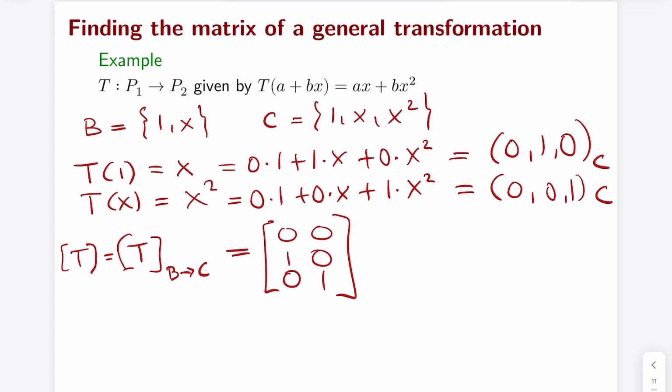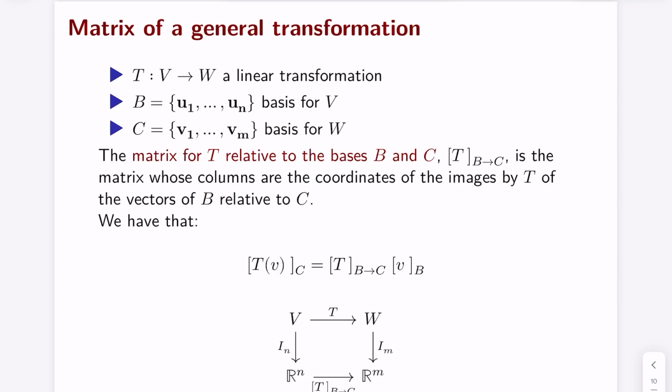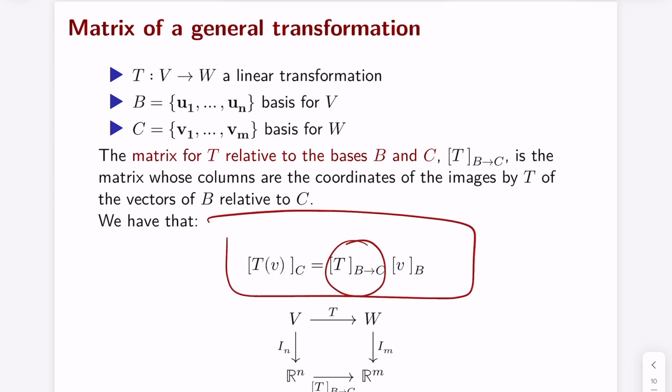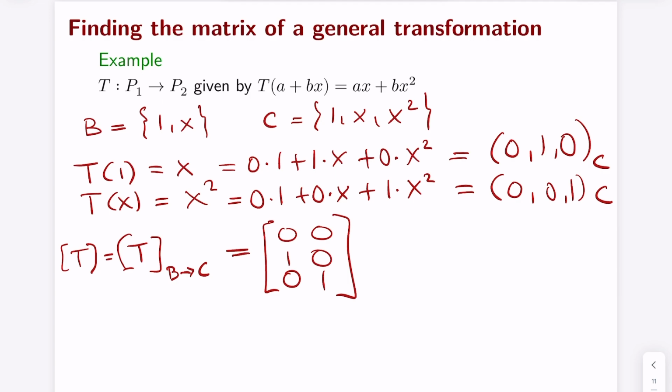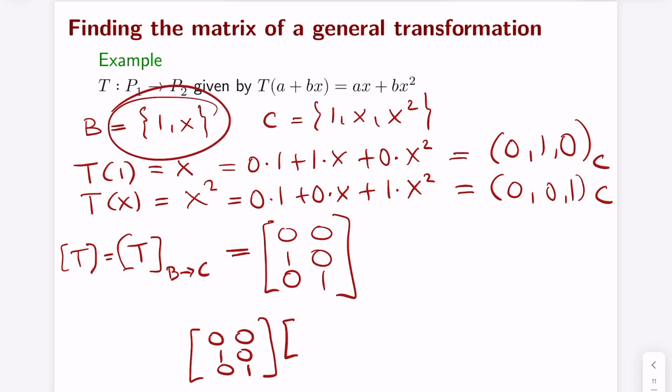And now, following our formula, by multiplying this matrix by the vector, we are going to get here the transformed one. So we know that if we multiply this matrix, 0, 0, 1, 0, 0, 1, by any vector in the base B, so a plus bx will be just ab.